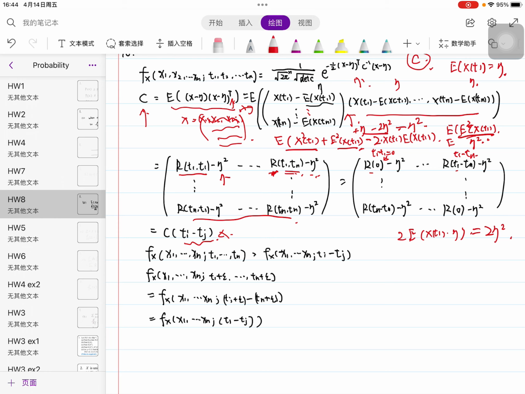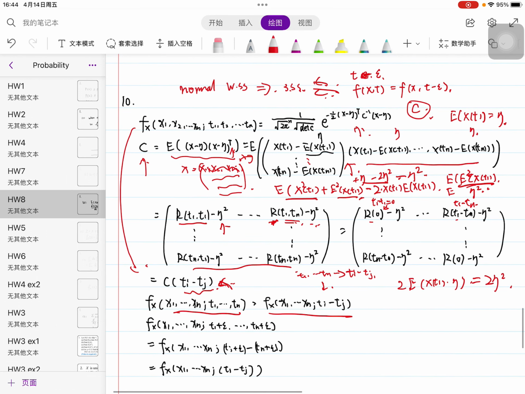Since you could find all those terms are these two intervals subtracted, together we get this term here. So we know that the density function of this process equals this, and we replace all the t1 to tn with ti minus tj.